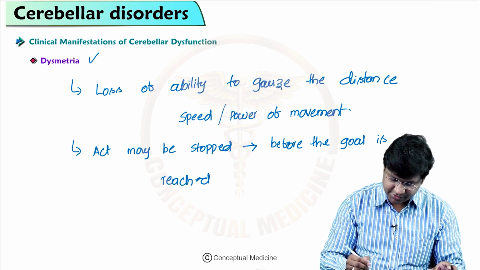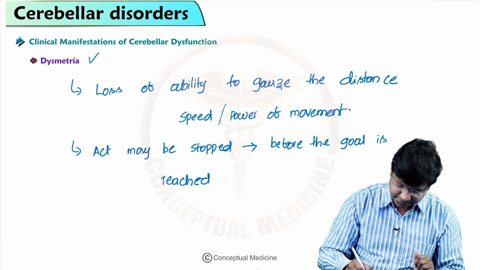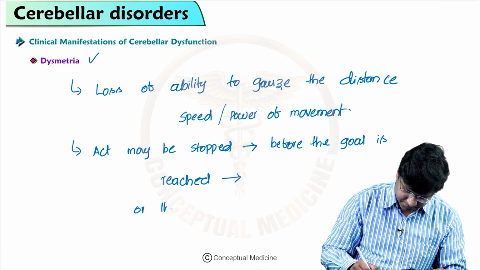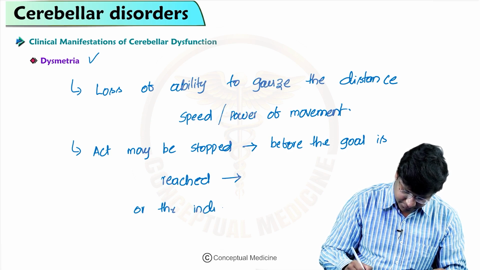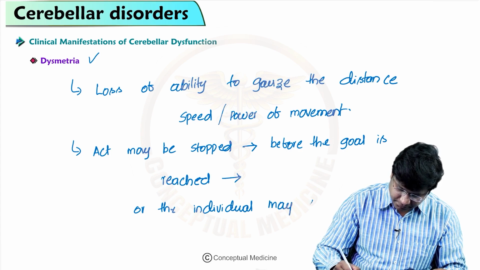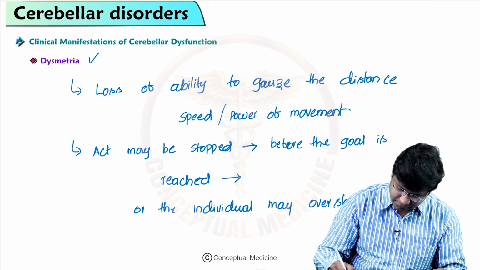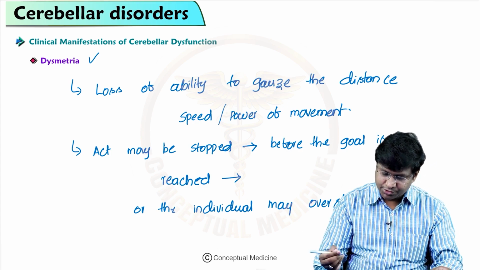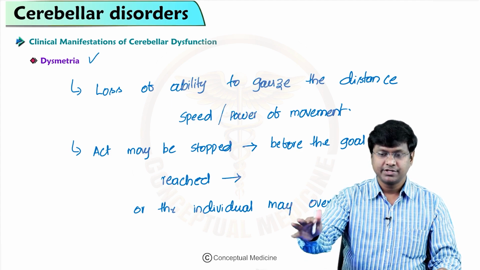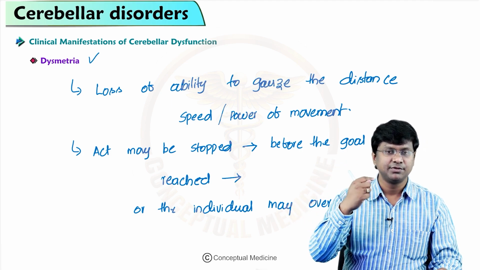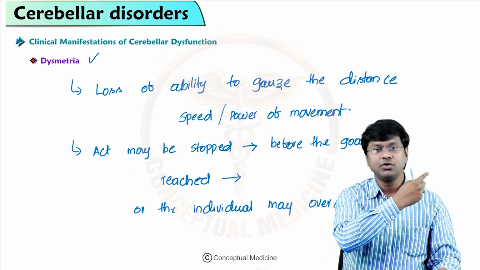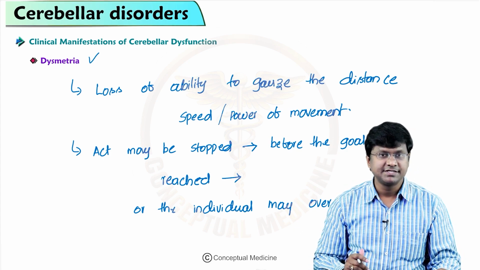That is what is called dysmetria. So with undershoot, the individual will touch the examiner's finger and is unable to reach his nose, or with overshoot he will go beyond the nose. That is called overshooting the desired point. That is called dysmetria.